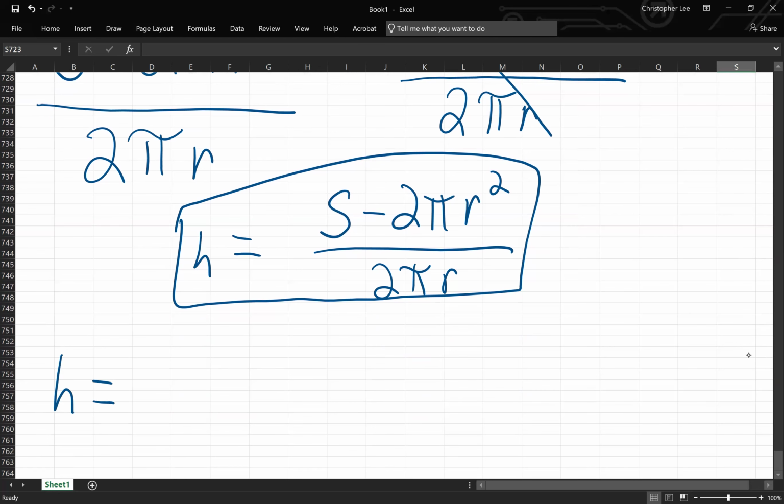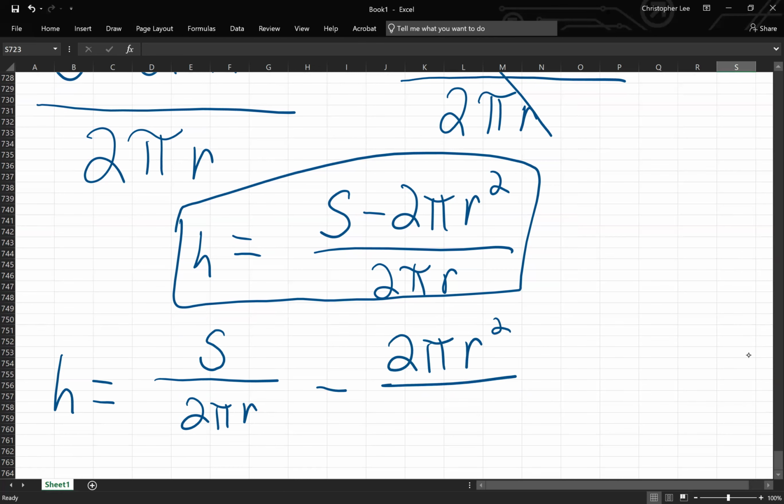Say I have h equals. I can put them all under the same denominator individually: s over 2 pi r minus 2 pi r squared over 2 pi r.